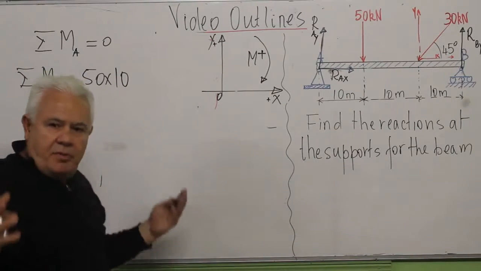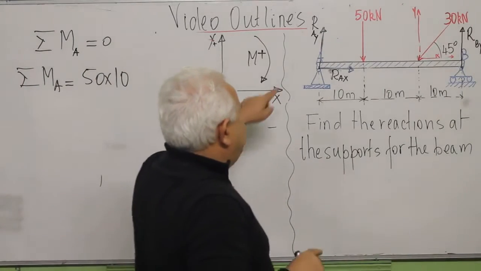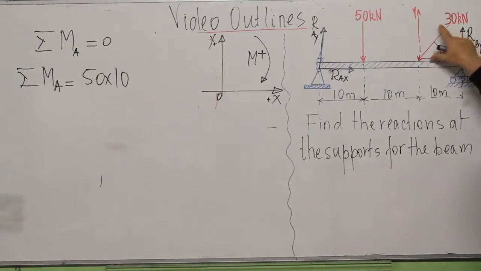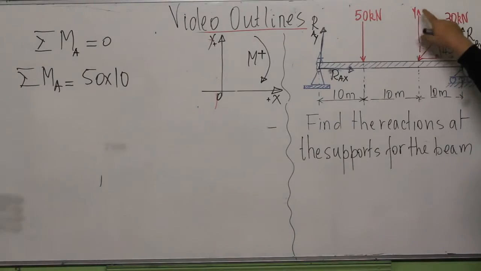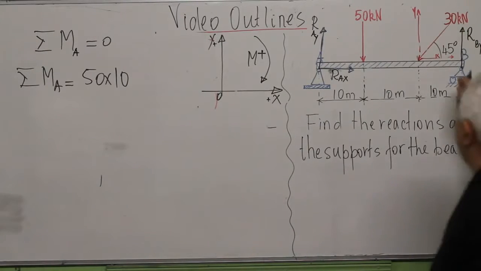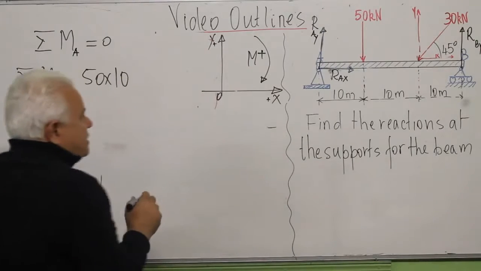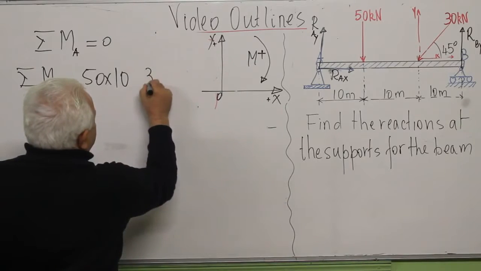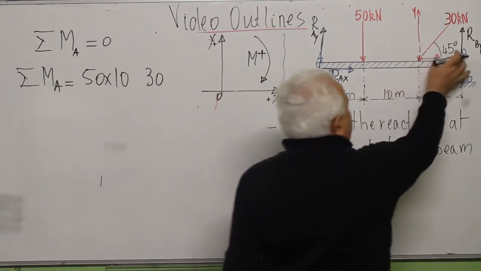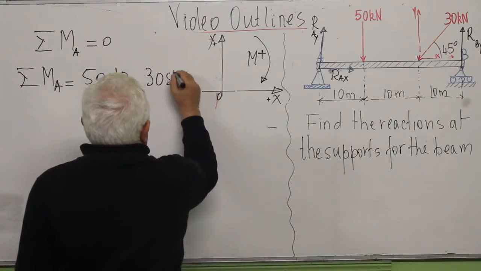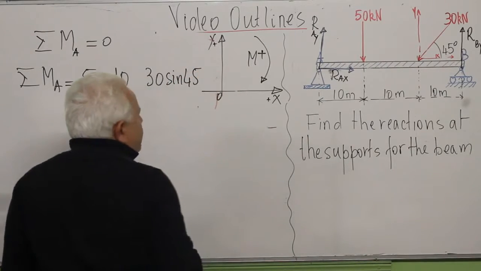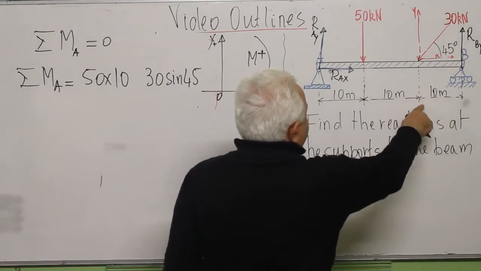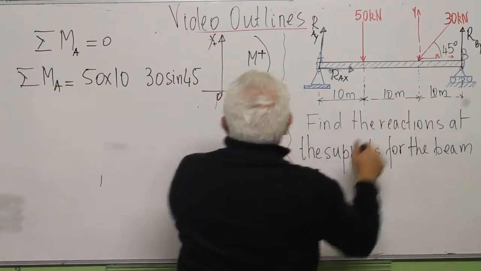I recall that moment is force times distance. After that, I have this force, and the vertical component of this force along Y, at 45 degrees, is 30 sine 45, and the distance from this point to this point is 20.